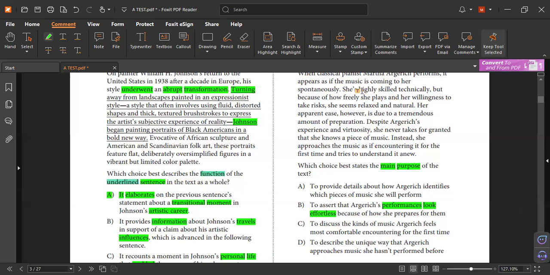Yes, she prepares for it. Yeah, we have a lot. Number one, she is highly skilled technically. She was relaxed and natural. And look, her apparent ease is because of tremendous preparation, as I mentioned here, of how she prepares for them. Yes or no? And look, despite the great experience and virtuosity, so we have experience and virtuosity.